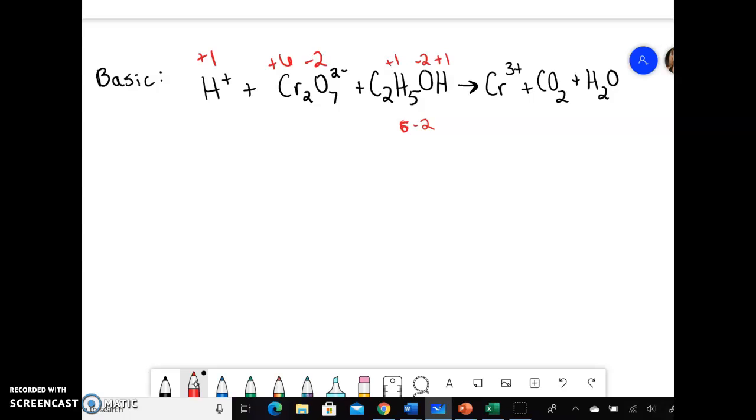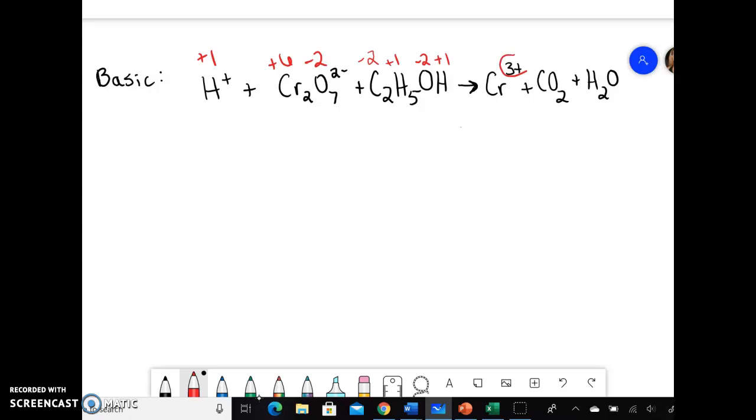And we have 2 of them, so each one is going to be -2. Let's make sure that makes sense. -2 times 4 would give us -4. We have 5 here, -2, and 1, and it looks like that should add up to 0 if we add all that up together. All right, over here we have a chromium.